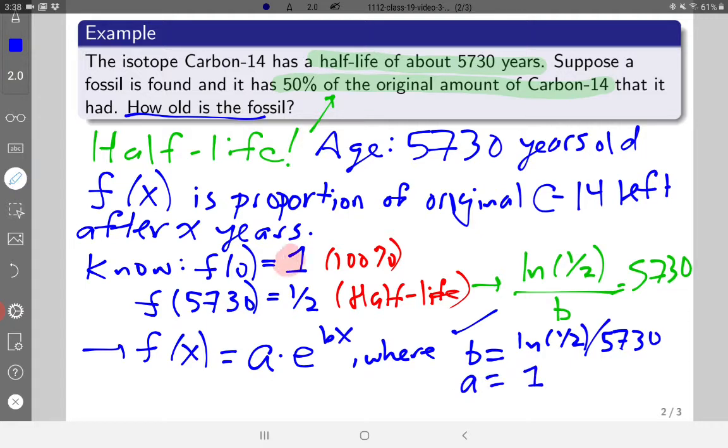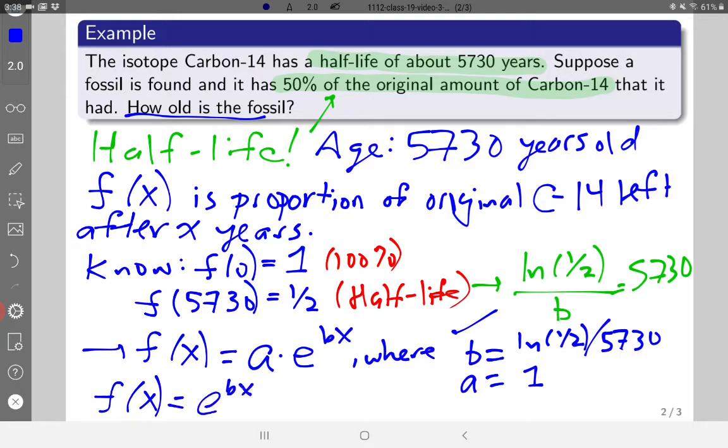That's coming from the original value here. That's what's telling me a. So I can say that f of x is 1, or 100%, e to the, I'm just going to write bx, where b is this number here.